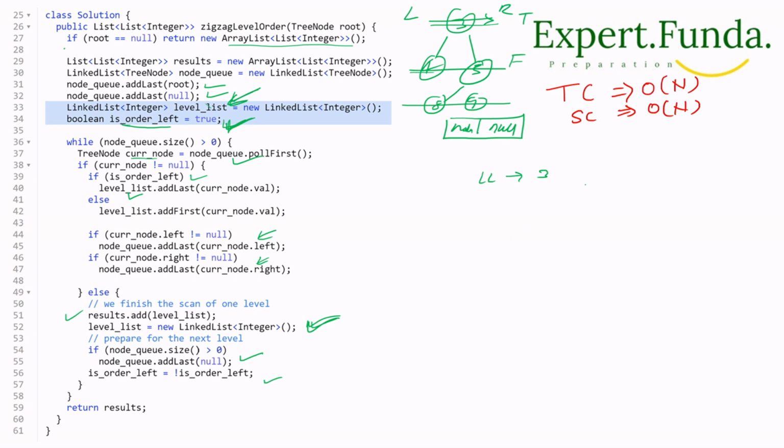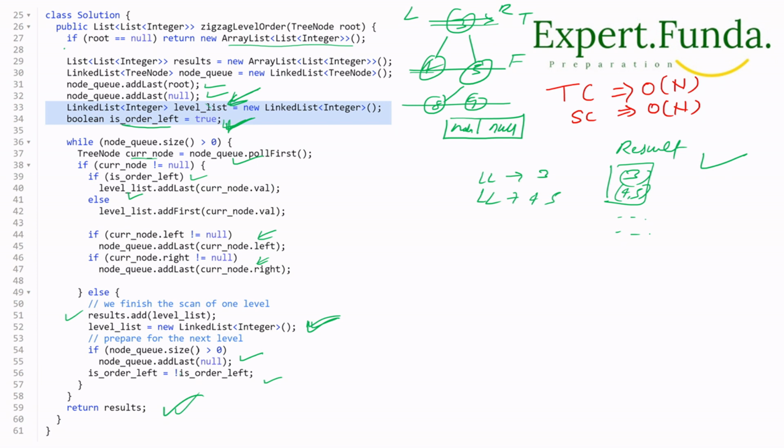Each level will add into the queue. So first it will come 3, next time the list will contain 4 5, right. First is 3. Similarly we'll get the other things here, and this is nothing but our result. So we will call this one and we'll get our result finally here.